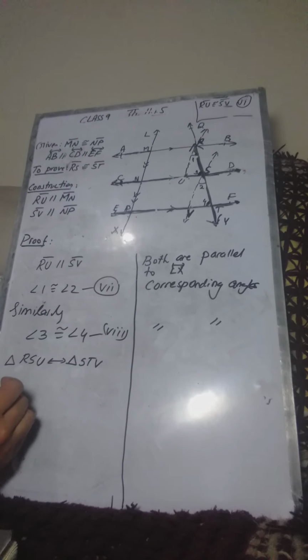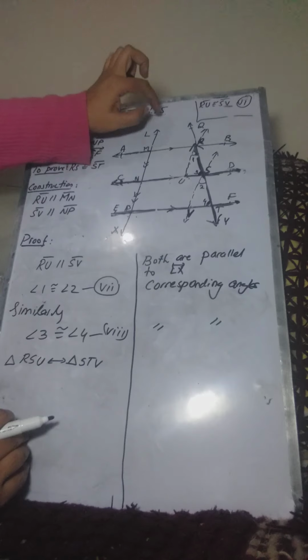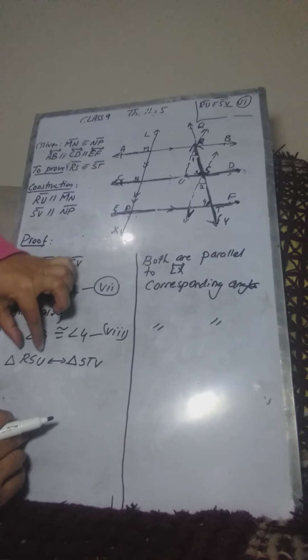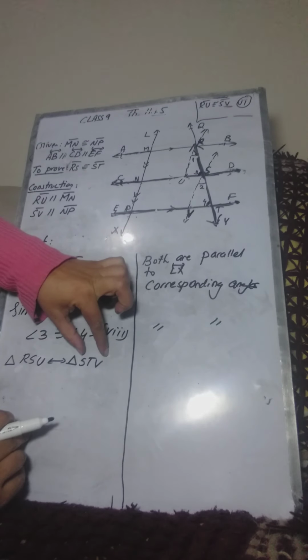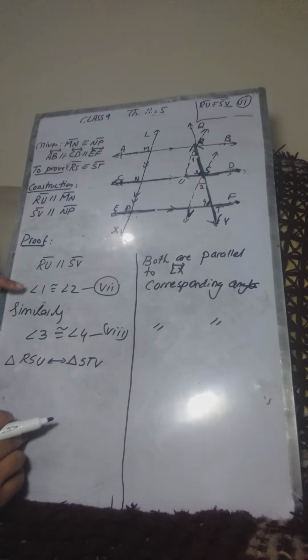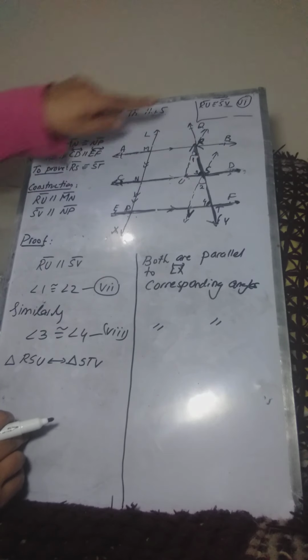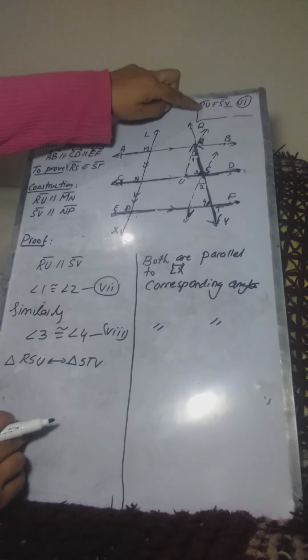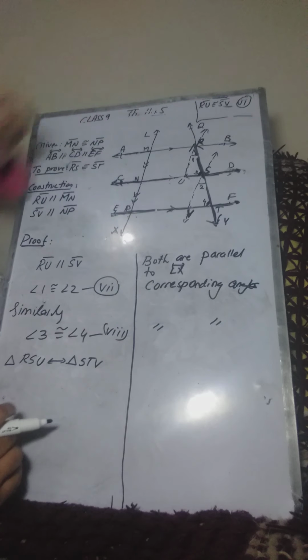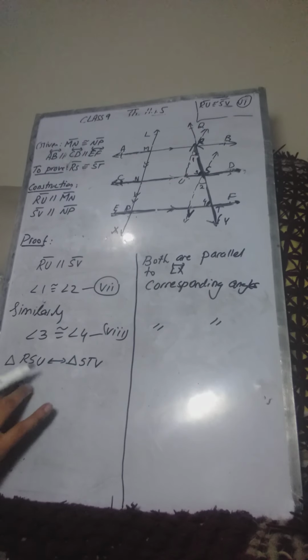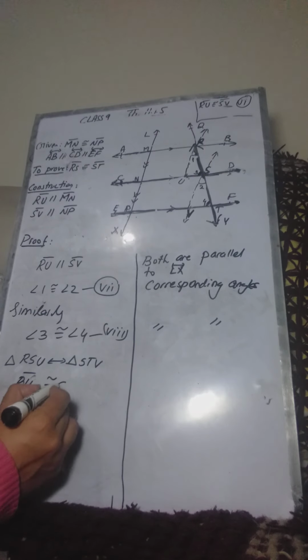Now in these two triangles, the sides RU and SV are corresponding sides and also they are congruent by equation 6. We have proved in equation 6 that RU is congruent to SV.